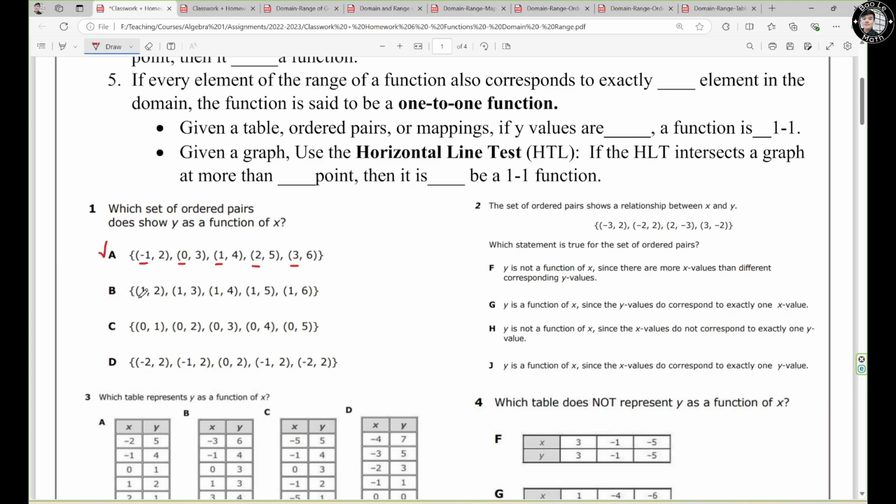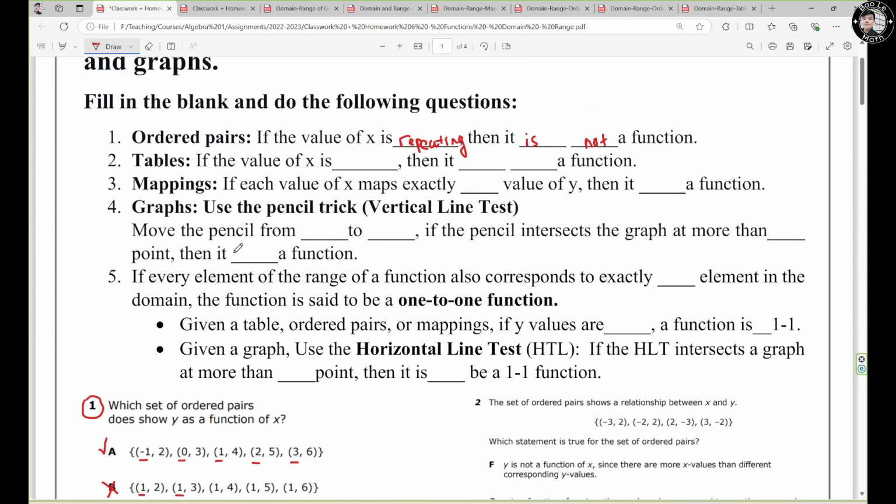Second one, x equals 1, 1 right here is repeating, so this is not a function. This one, 0 is repeating, so this is not a function. This one, -1 is repeating, so this is not a function. So the answer must be A.